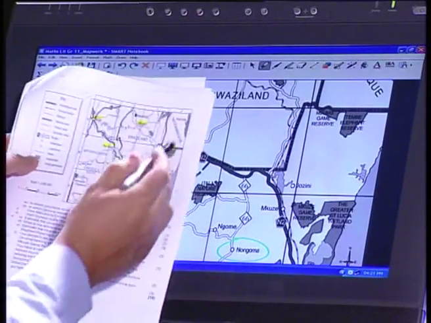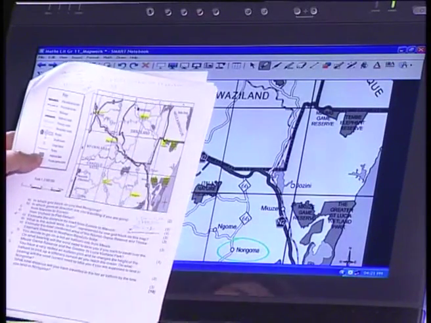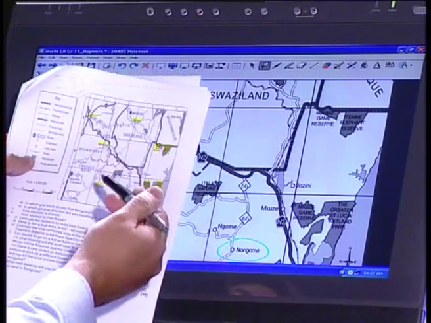Now, I actually cheated. Before this program actually started, I did this whole exercise at home. Now I want to show you something, and I don't know if the camera is going to be able to pick this up, but we're going to try anyway. So here's the question. If you look, here's the map. Okay, here's my map that I'm working from. Can you see the difference?